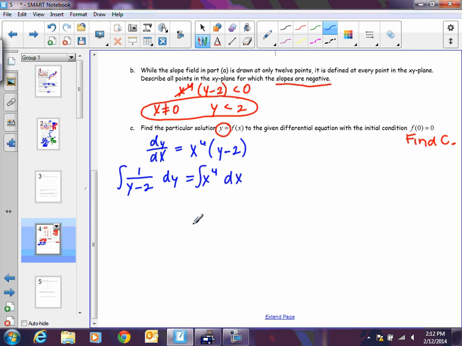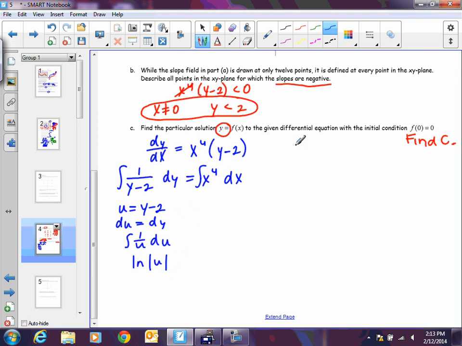Okay, so now we're going to integrate both sides. What's going on over here? U substitution. Okay, so we're going to need to do that. U equals y minus 2. That's going to make du equal dy. That's going to make that 1 over u du. And what is the antiderivative of 1 over u du? Natural log, absolute value. Natural log of absolute value of u.